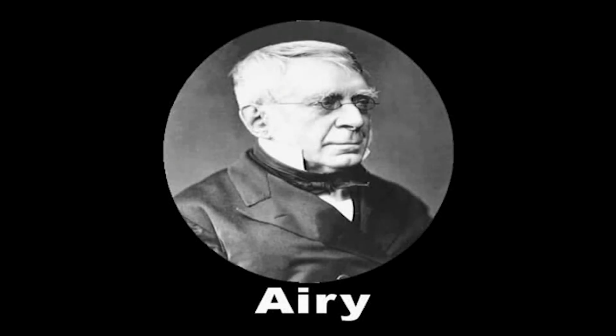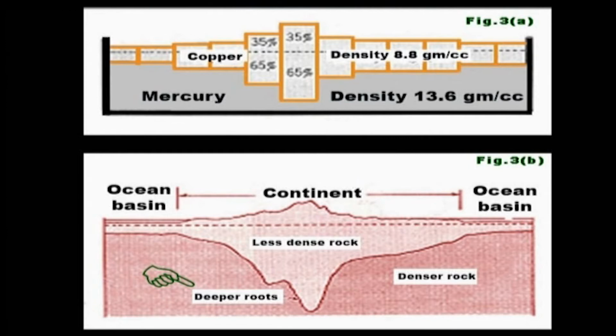Airy supposed that the material of which the mountains are composed extends down into the earth to form roots. You see the figure carefully, composed of lighter or less dense material. This lighter material, which may be granite rock, protrudes downward into a location normally occupied by a denser basaltic or ultrabasic rock.